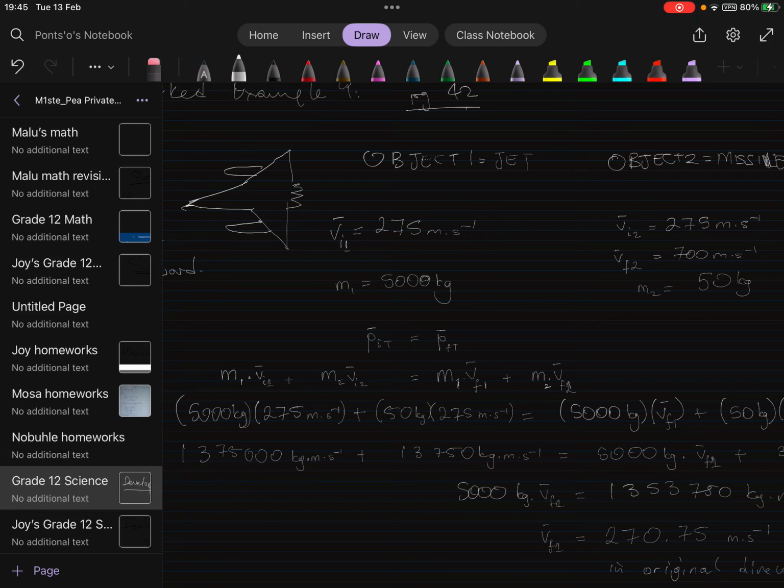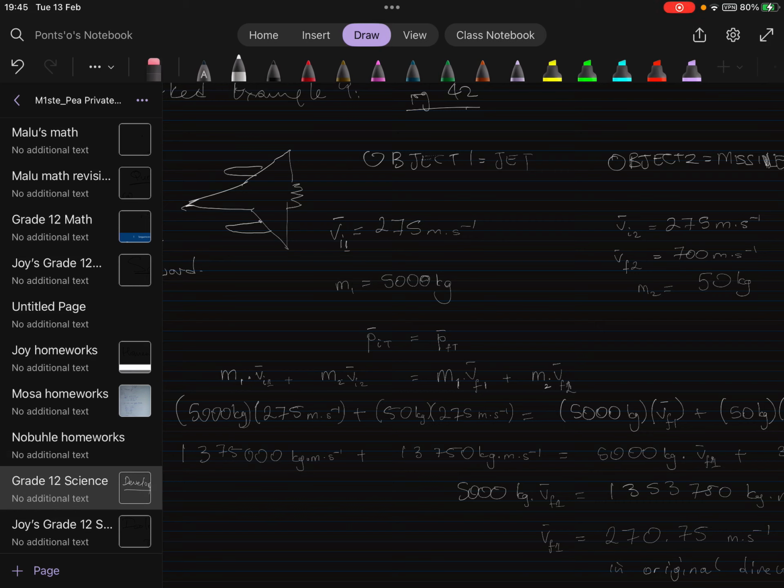But removing it from the jet, doesn't it make the jet lighter? The mass that we're given for the jet does not include the mass of the missile. The mass of the missile is 50 kilograms, yes.